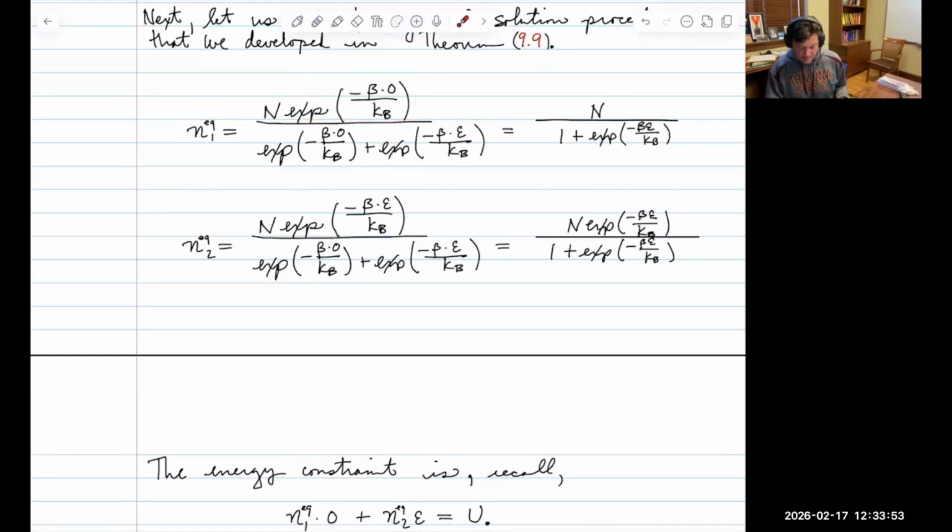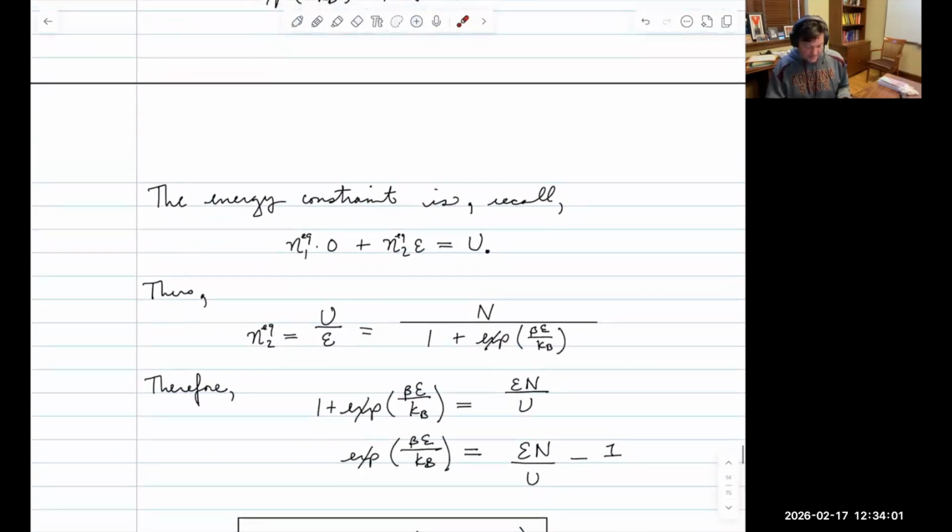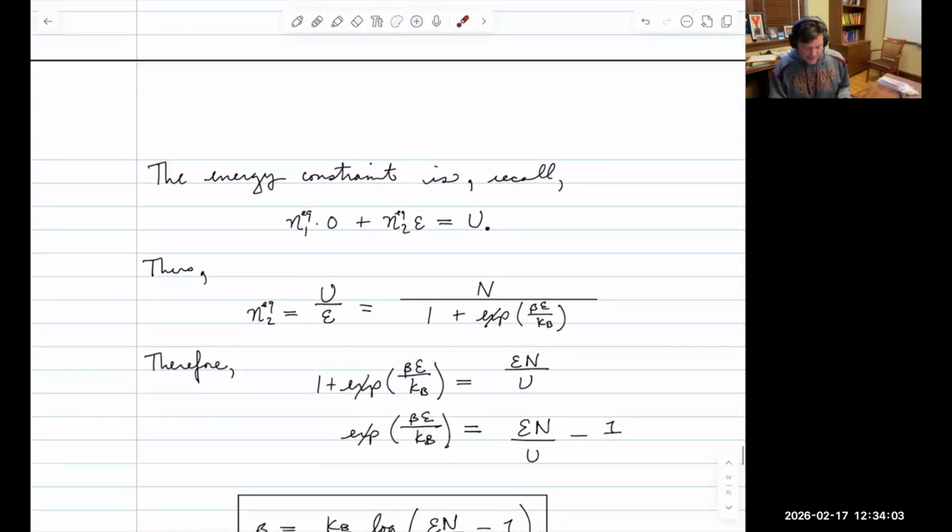So if you work out the numbers, that gives me exactly these two distributions for n1 and n2. n1 and n2 at equilibrium are those distributions. The energy constraint, as you can recall, was just equal to this, and we see that this comes out very beautifully, right? So we have to be able to show that n2, which we know u over epsilon is equal to that.